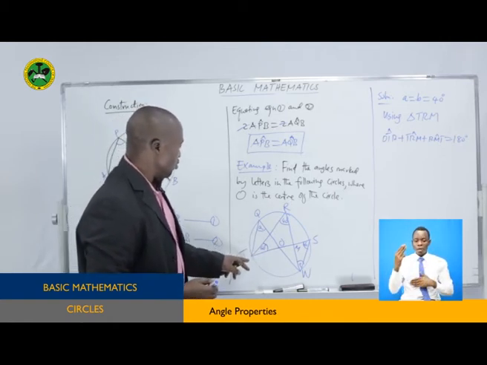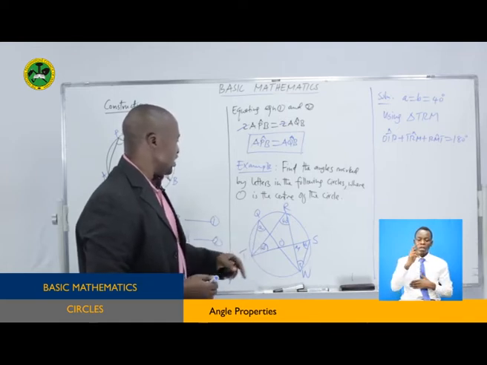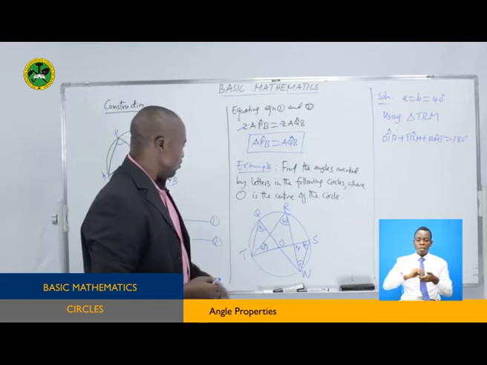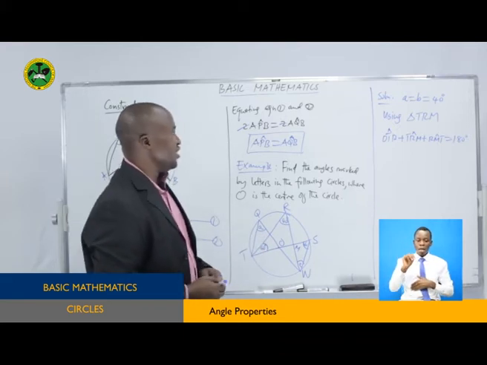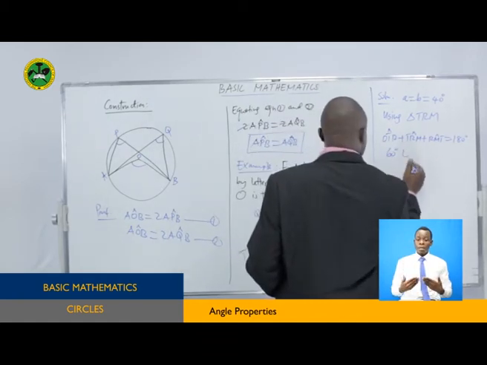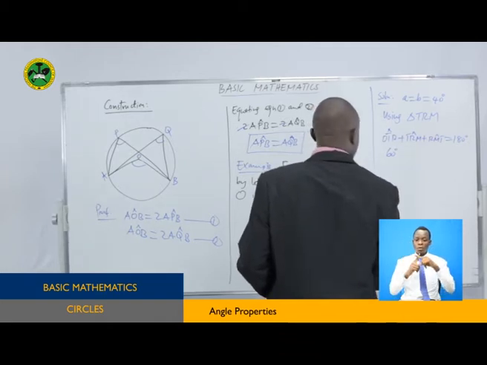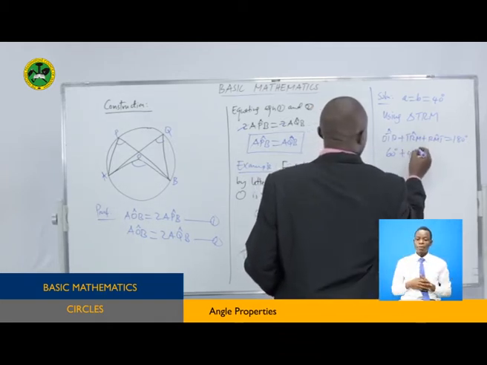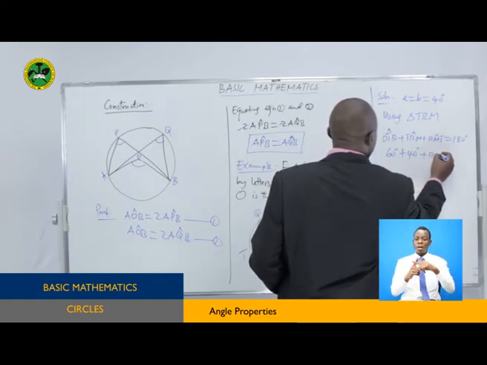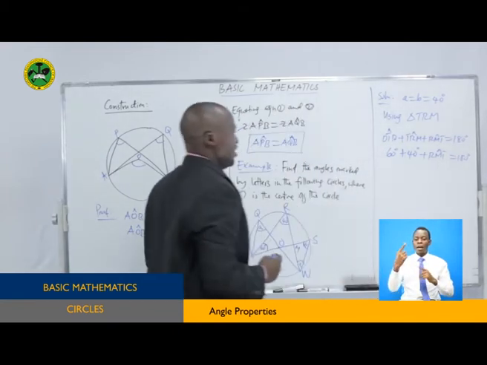But the angle OTR is equal to 60 degrees and the TRM is equal to 40 degrees. So in this case we have 60 degrees plus 40 degrees plus RMT, this is equal to 180 degrees.